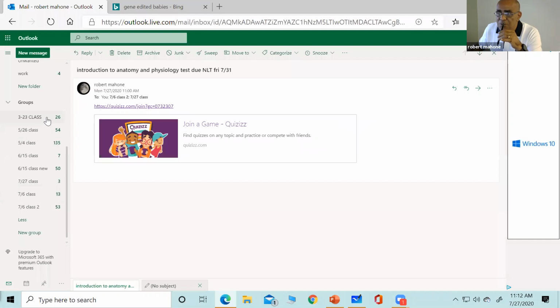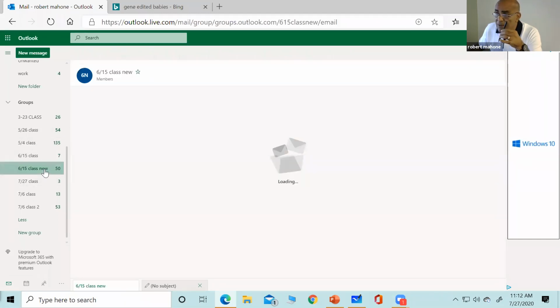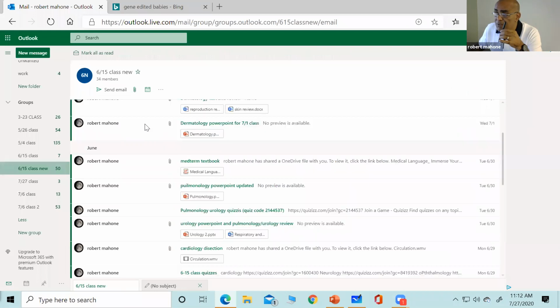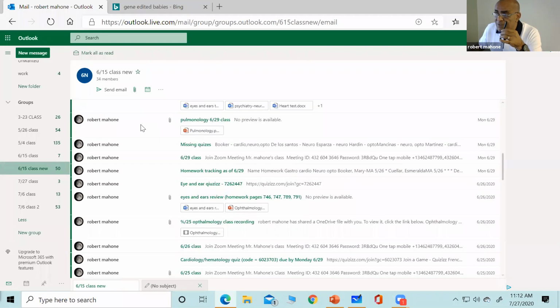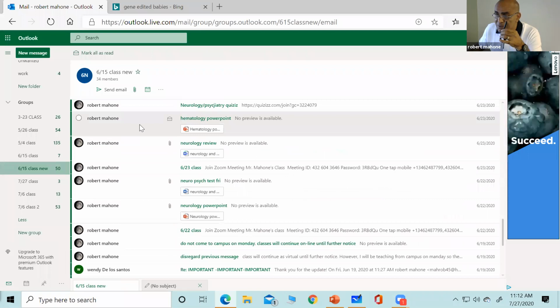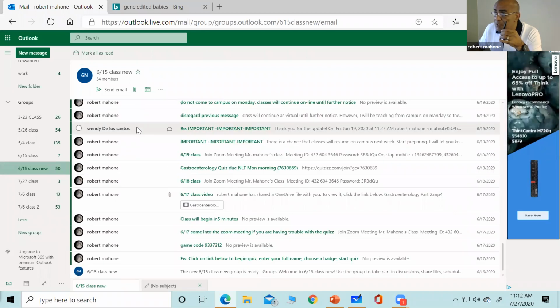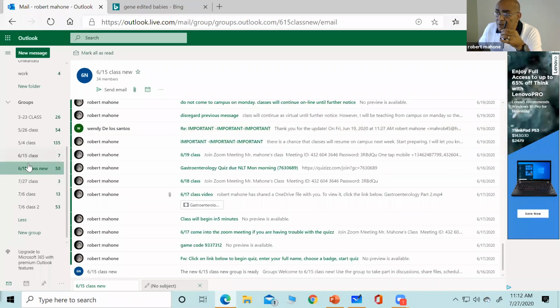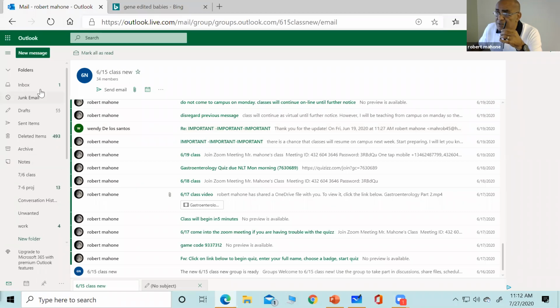These are the class folders for all my students, and the emails are in there. I can go back and find all those old emails I sent. These are me sending emails every morning to this group, and then the group sent the stuff back to me. So you should have a folder like that somewhere up in here.